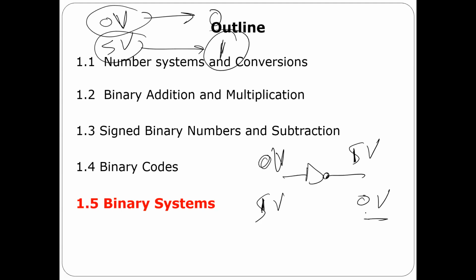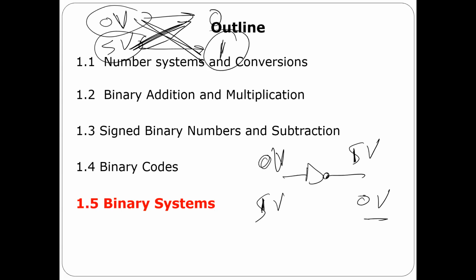Is that okay? By the way, someone last time asked me this question, I can make it the opposite. It doesn't matter. I can make 5 volt mean logic 0, and 0 volt mean logic 1. It doesn't matter, because anyway you have two voltages. I can use one for logic 0 and you can use the other for logic 1.